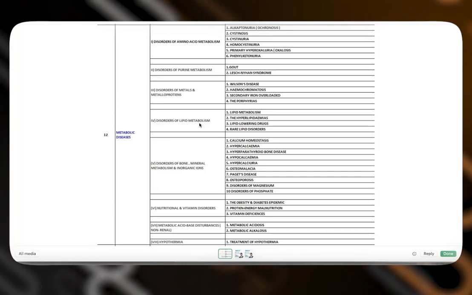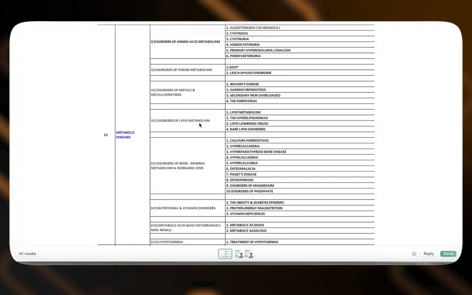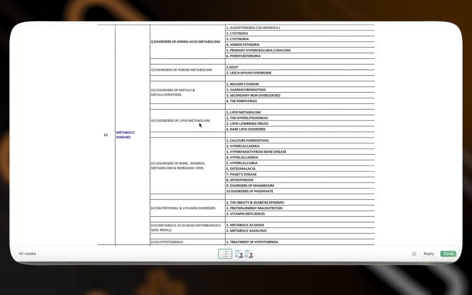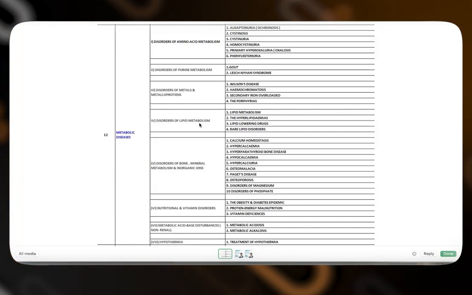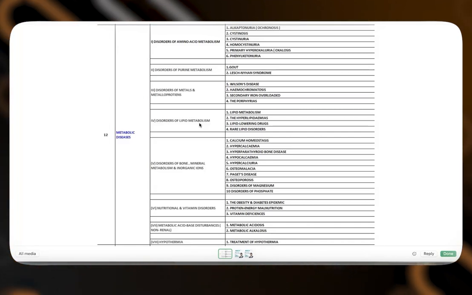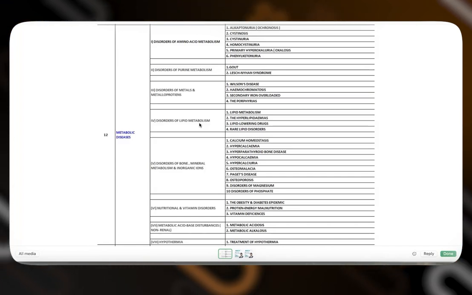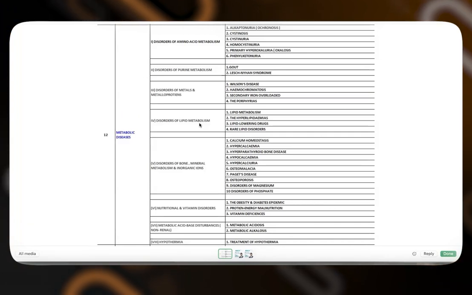But I think there are very few questions on disorders of amino acid metabolism. Gout, yes, there will be some questions. That's why I took this topic, because it's a common topic. Lipid metabolism also will not have much. Disorders of mineral and bone, yes, these are all very common topics. Obesity, acidosis, I can teach anytime.